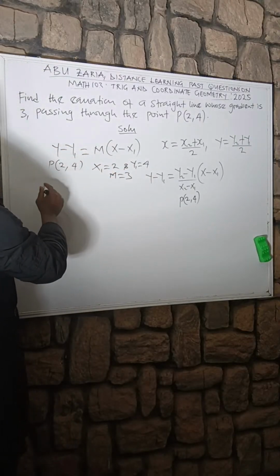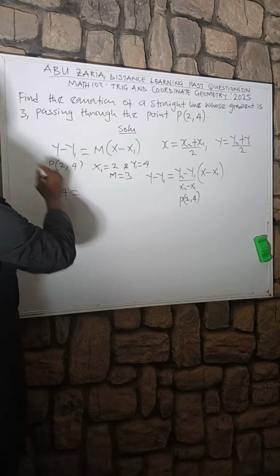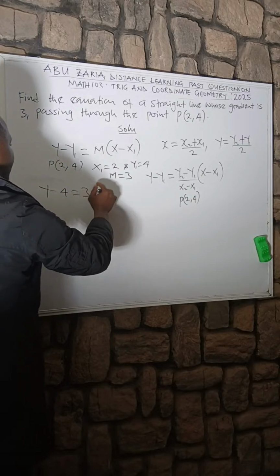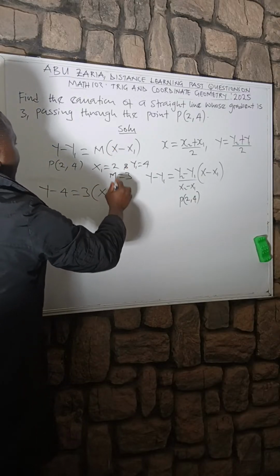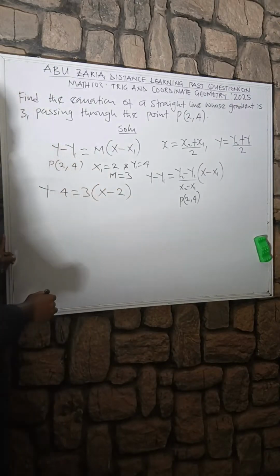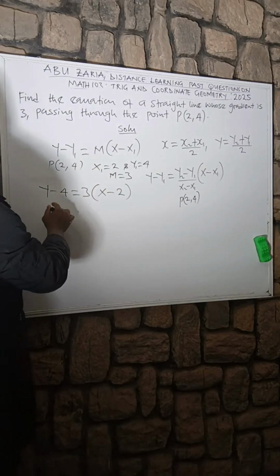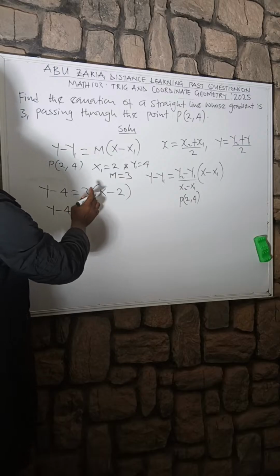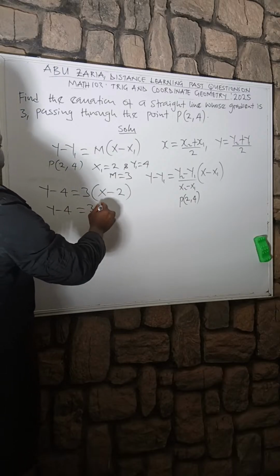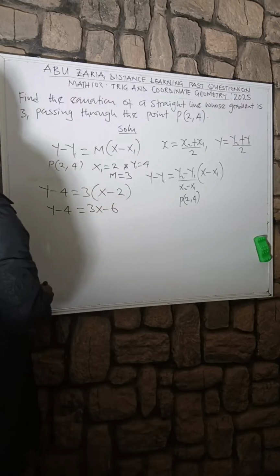So y minus 4 is equals to 3, open bracket, x minus 2. Do you see now? So y minus 4 equals, we use 3 to multiply the bracket, 3x minus 6.